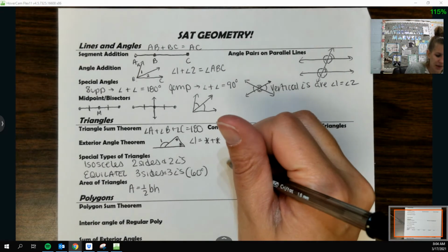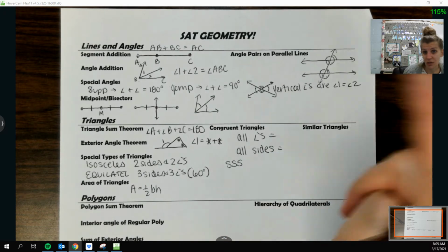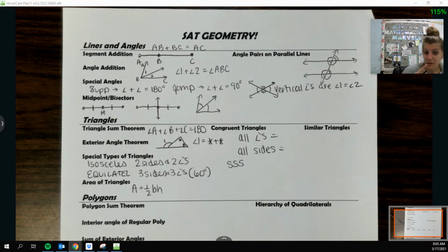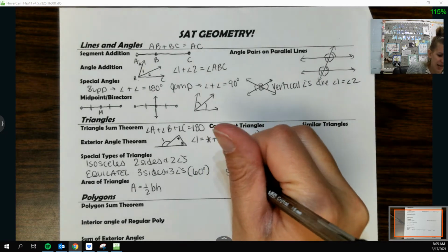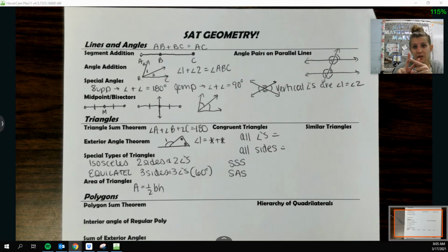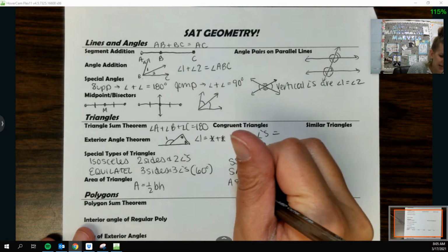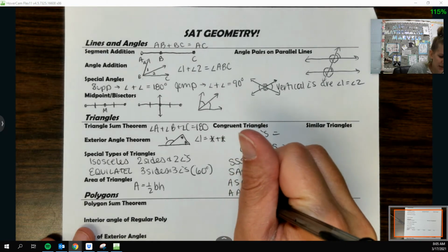Some of the shortcuts that we had are side, side, side. So I would know that two triangles are congruent to each other if all of the sides of one match all of the sides of the other. Or side, angle, side. So two sides and the angle in between match two sides and the angle in between of a different triangle. Angle, side, angle, and angle, angle, side.